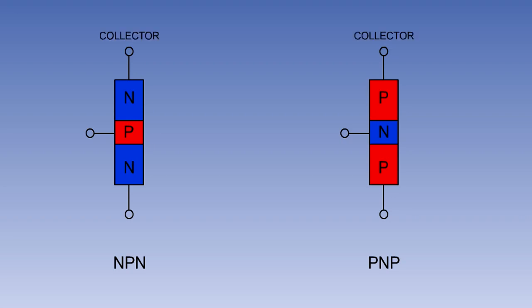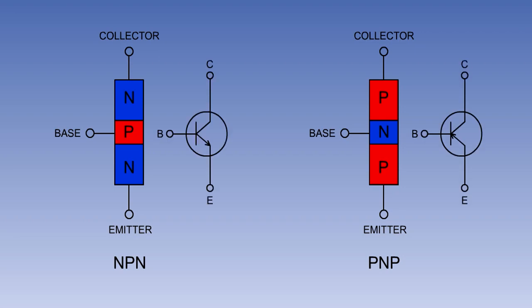The three regions of either type of transistor are known as the collector, the base, and the emitter. The circuit symbol for each transistor is shown here.